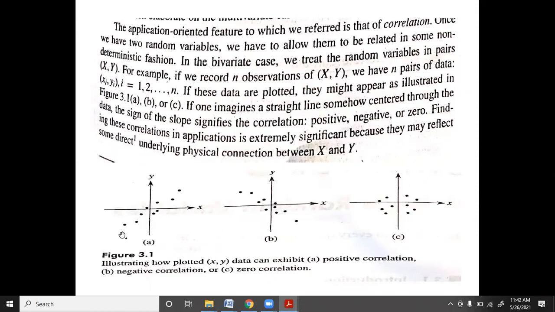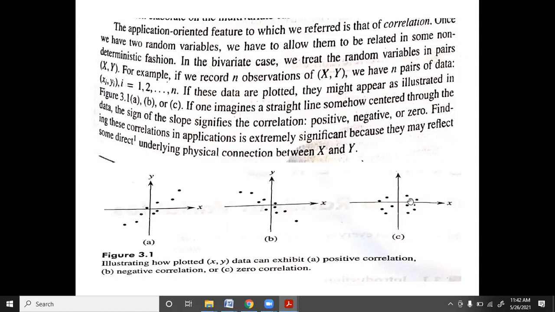So if the points plotted turn out to be like this, you can see that the slope is positive. If the relationship between x and y is given by these dotted points, then the approximate slope drawn between these points will give you the negative slope. This is a positive slope, this is a negative slope.